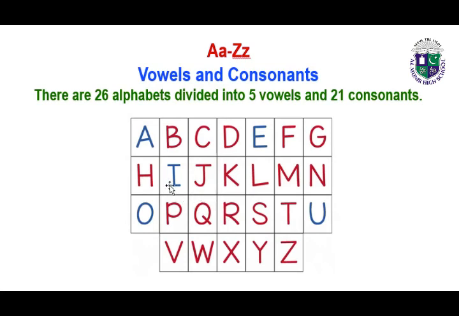So remember these things. The 5 letters which are vowels are A, E, I, O, U, and the rest of the letters, which are 21, are the consonants.